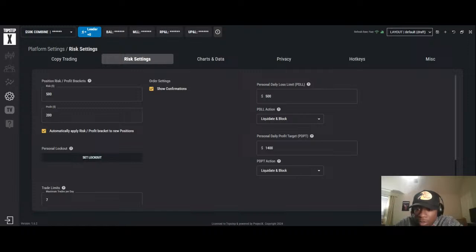I would recommend that you set brackets so you don't have to manually adjust your SL or TPs or something like that. But you're still manually entering. It's a market order. I think what you meant to say is a market order. There's market orders, limit orders, and you use brackets to automatically set your SLs and TPs.